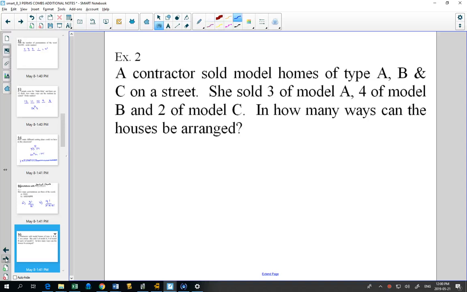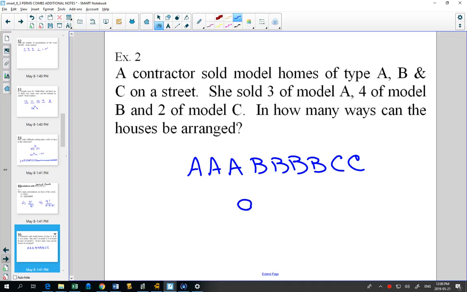If it does, can I represent it as a word? 3 of model A, 4 of model B, and 2 of model C. If all the houses were different, it would have been 9 factorial ways to arrange them on the street. But since we have identical objects, we need to divide by 3 factorial, 4 factorial, and 2 factorial.